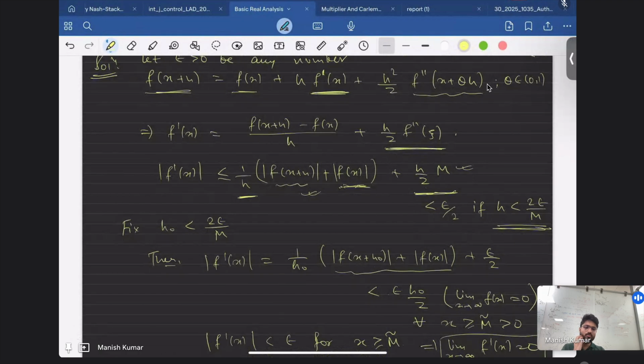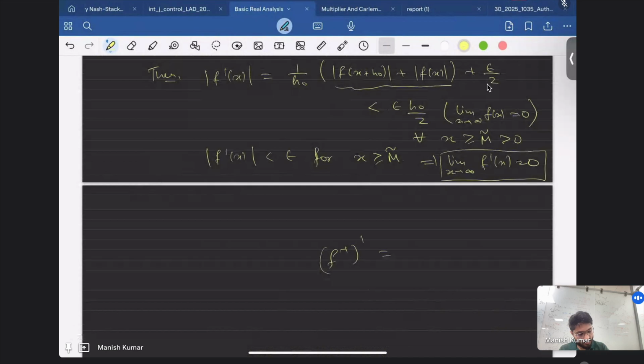That f inverse derivative is equal to 1 by f prime c kind of thing. Do you know this kind of formula? No, sir. Okay, then let me be precise. So this is one of the theorems. So let me write. Okay, so let me make it as a question.